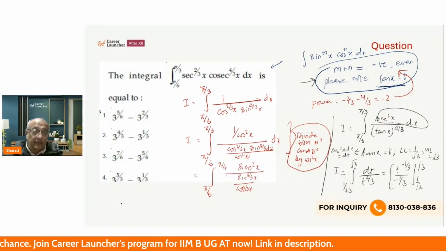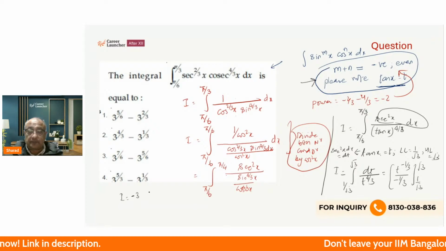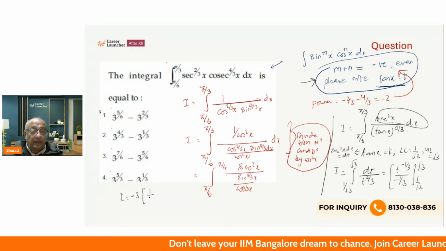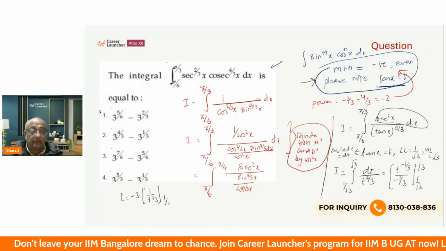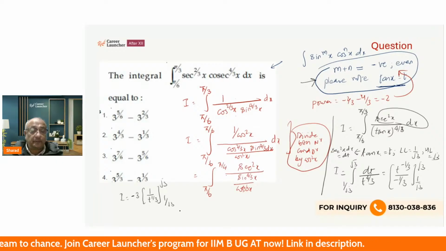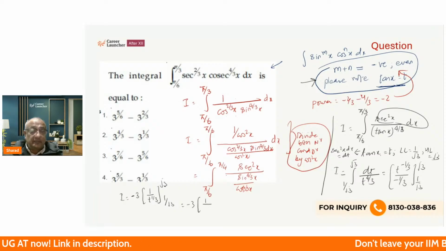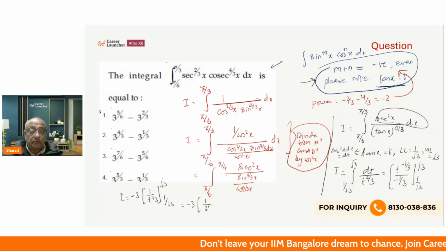So I is equal to minus 3 times 1 upon t raised to the power 1 by 3, evaluated from 1 by root 3 to root 3. The first term will be 1 upon, because this is under root 3, 3 raised to the power 2 by 3.